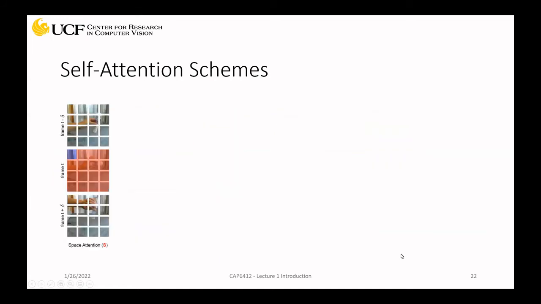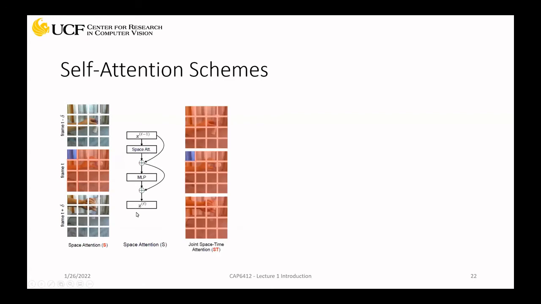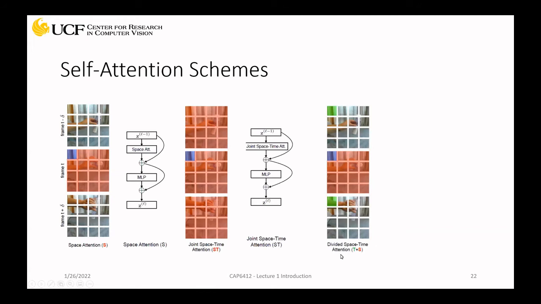And then they have a nice way to explain this. You take from the previous layer, you do space attention, MLP, and Z, that's a standard thing. Then this one is joint space-time attention, which is: previous layer, joint space-time attention, MLP again. So you can take all of these here. And this one is divided space-time attention. You first do the time, then you do space and MLP.